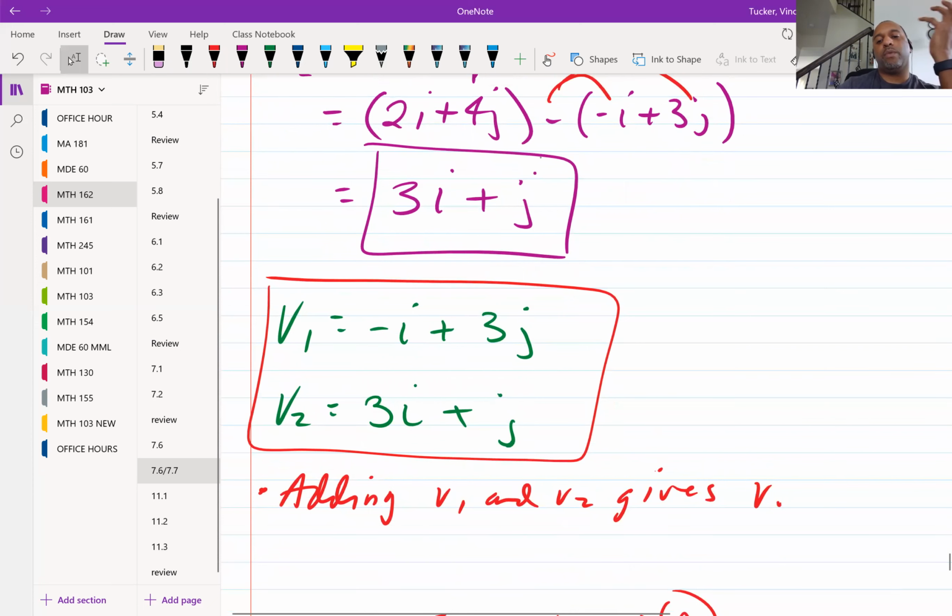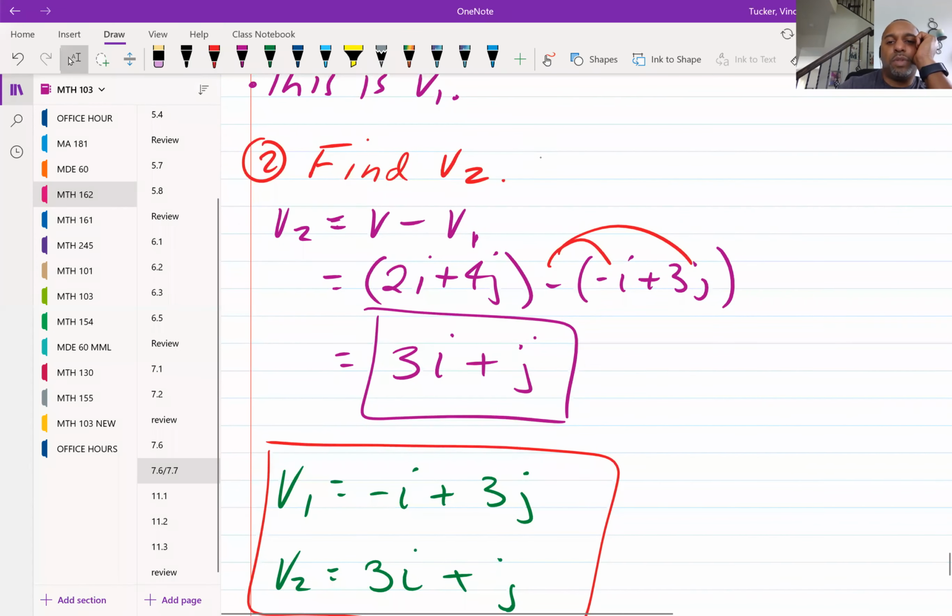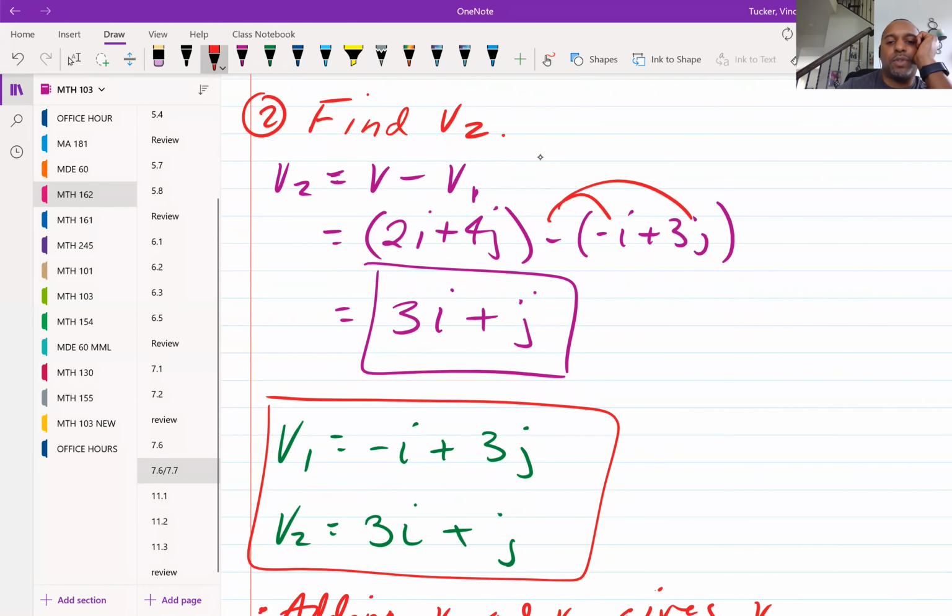And so if you would add V1 and V2 together, that will give you V back. So V was 2i plus 4j. If you were to add both of these together, you'll get 2i plus 4j. So basically, V is equal to V1 plus V2.